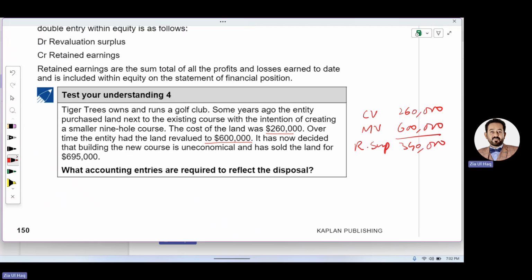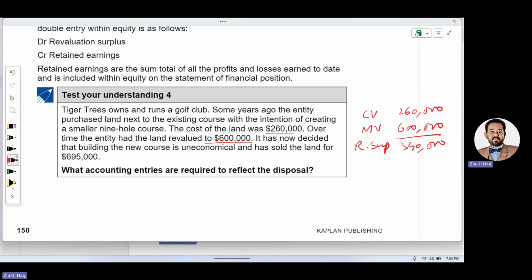It has now decided that building the new course is uneconomical and has sold the land for 695,000. Now they are selling the land for 695,000. What is its carrying value? 600,000.